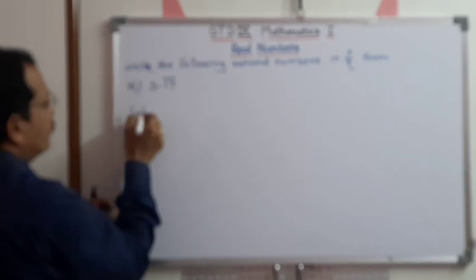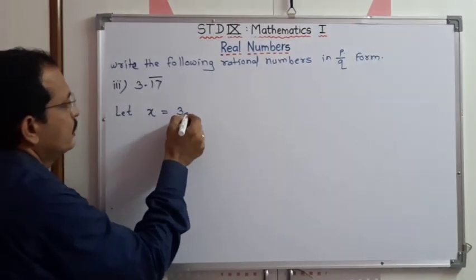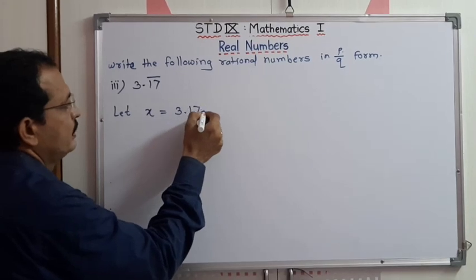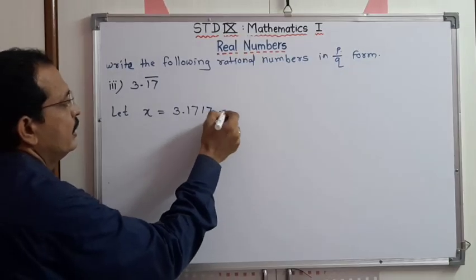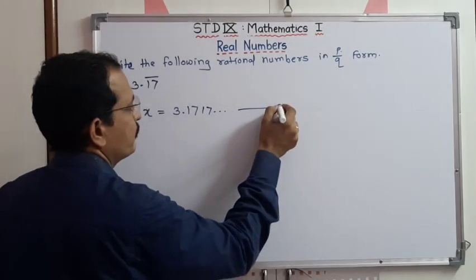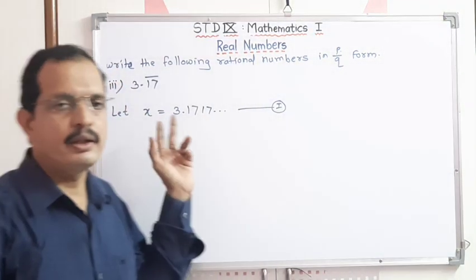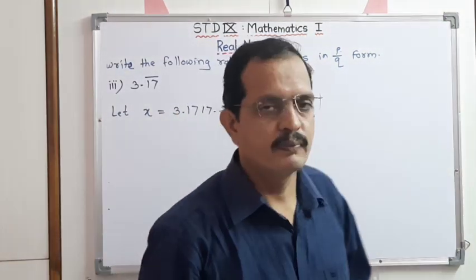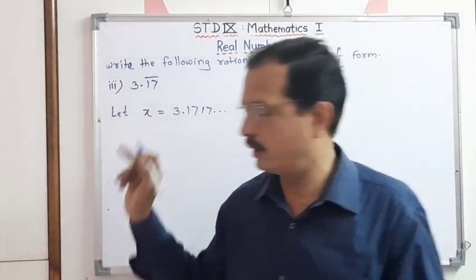First of all we have to assume let x is equal to 3.17, we can write here 17 and like this. Now this is statement number first. As we know that recurring is of 2 digits, then yes students, we have to multiply this with 100.